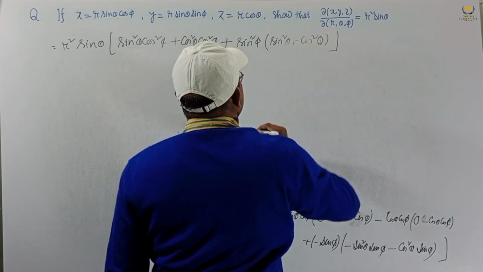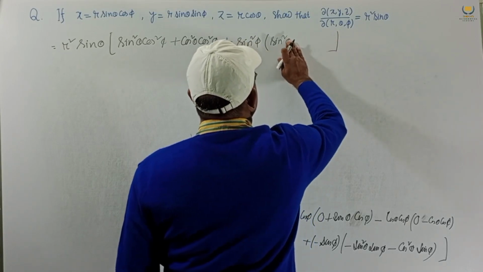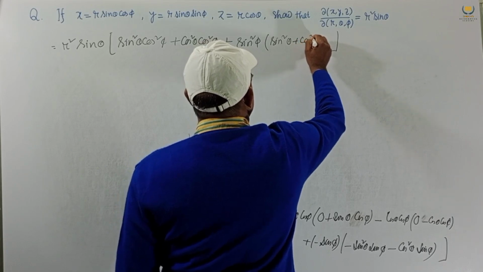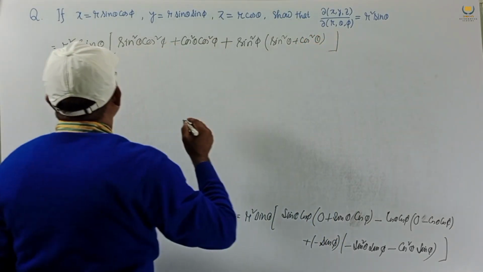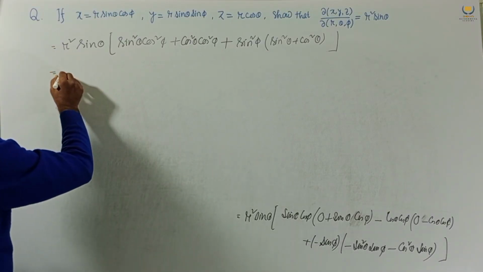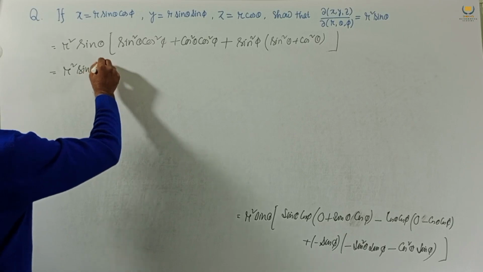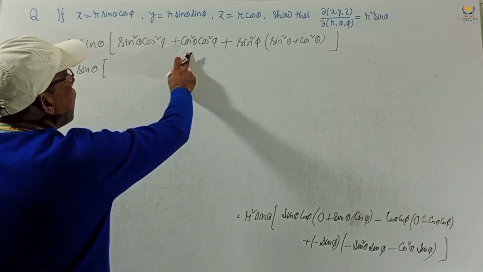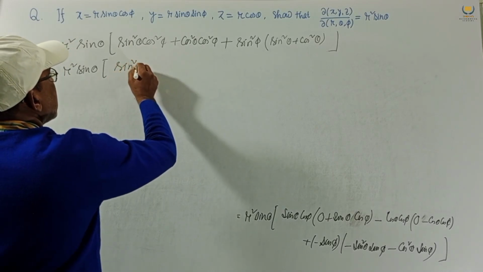Sin square theta cos square theta, we get this one. Cos square theta. So this will be r square sin theta, and from this two, this is sin square theta.